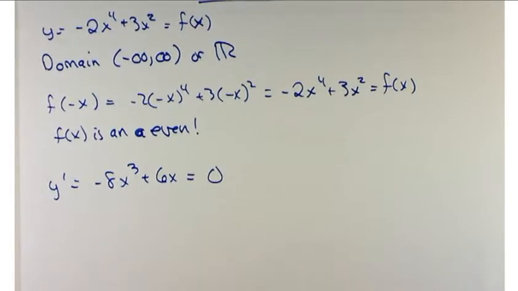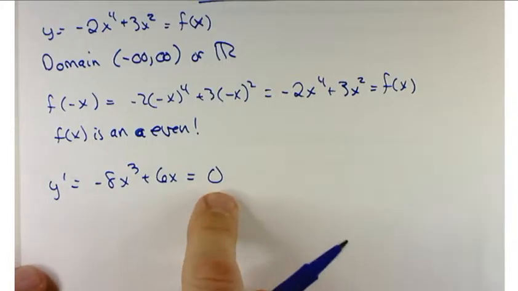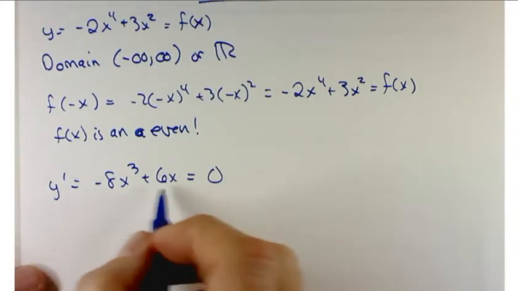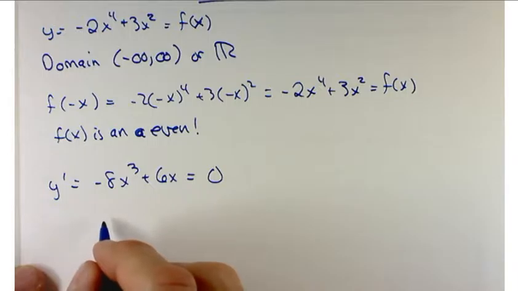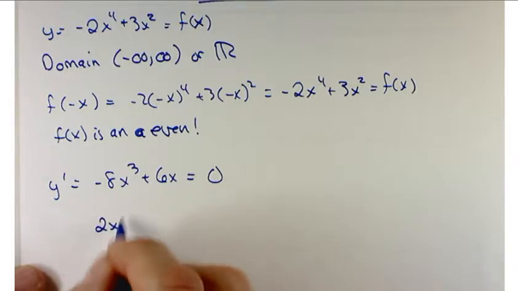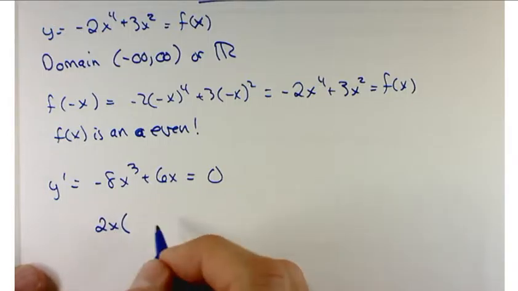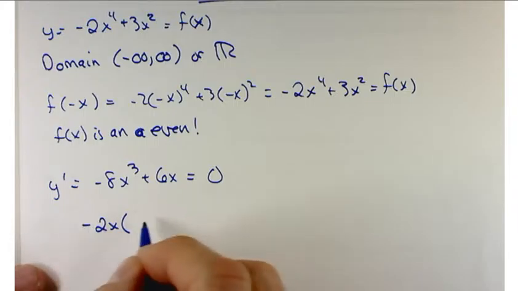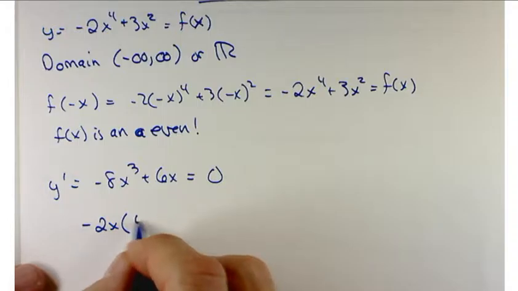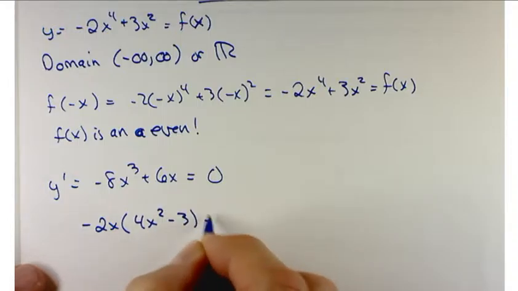There's no place where the derivative doesn't exist, but I can find critical points where the derivative is 0. To solve this, I'll factor out, how about if I factor out a negative 2x? Negative 2x leaves behind 4x squared minus 3.